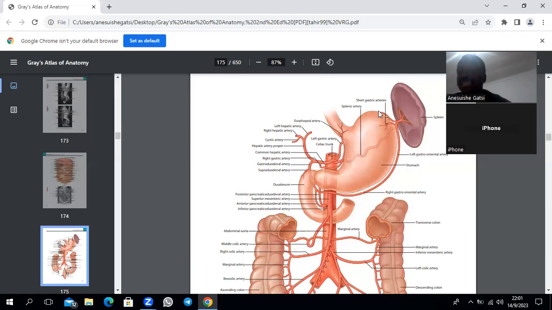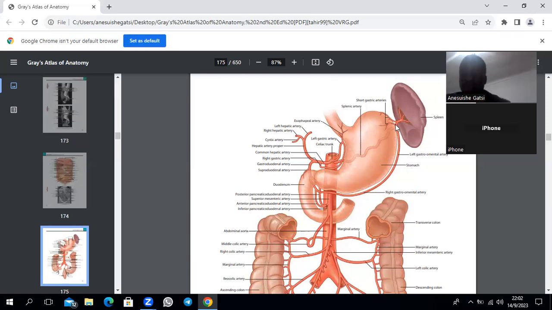Then the fundus is supplied by arteries that we call short gastric arteries. They are usually 5 to 6 in number. So let's talk about where they come from. Splenic artery was a branch of celiac trunk. From its name, it's going to the spleen, obviously. But before the splenic artery enters the spleen, it will give branches to the pancreas, which we are not talking about for now, we'll skip.